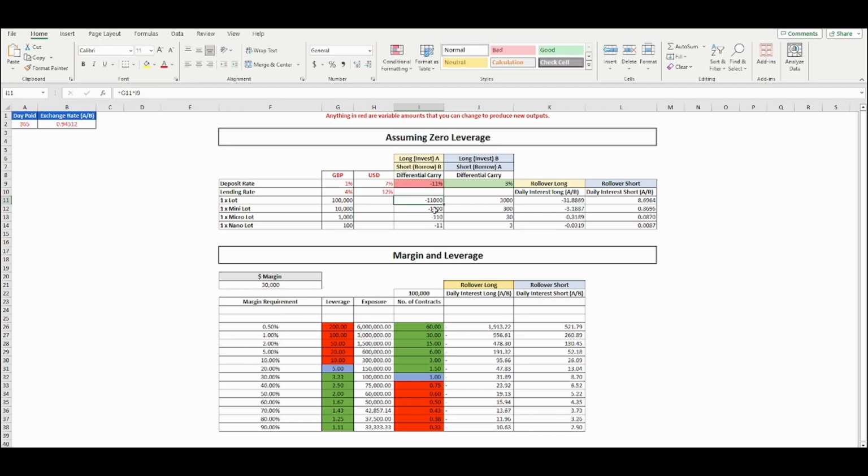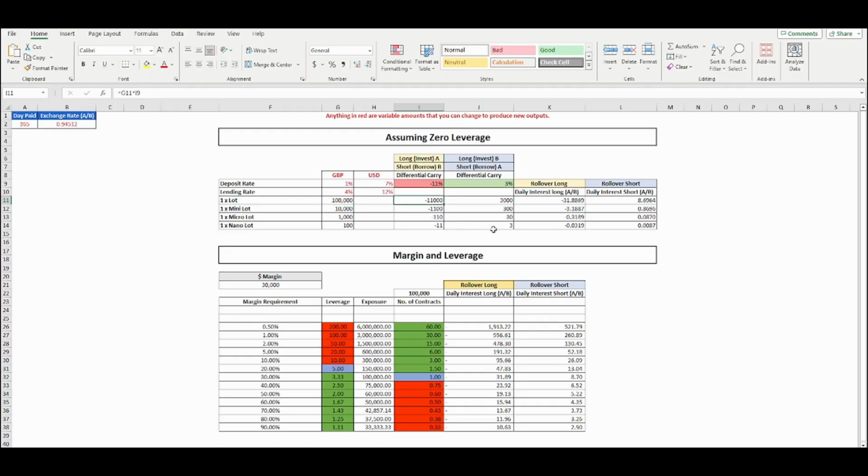And considering this is a negative carry, so minus 11%, you will actually be paying over the course of 365 days. So every year you will actually be paying 11,000 units in currency every single year.